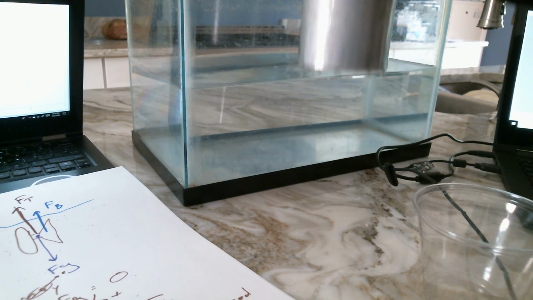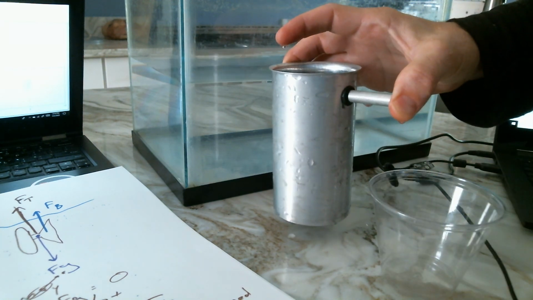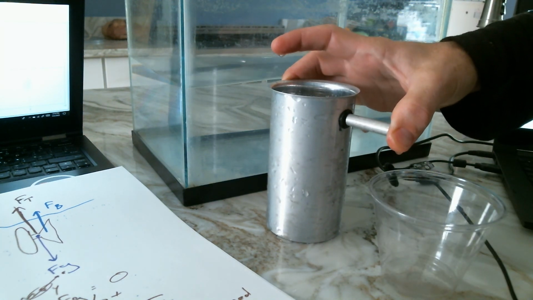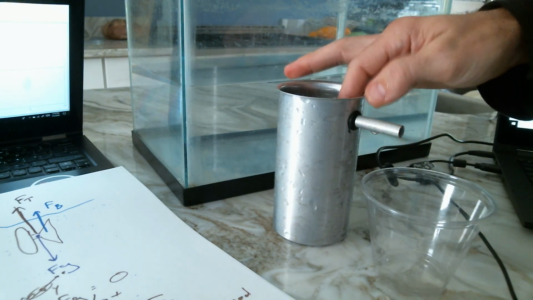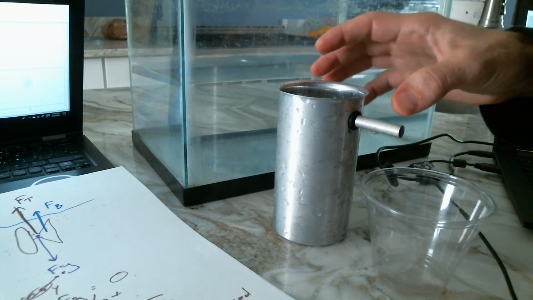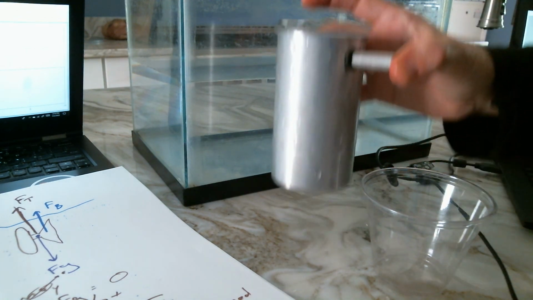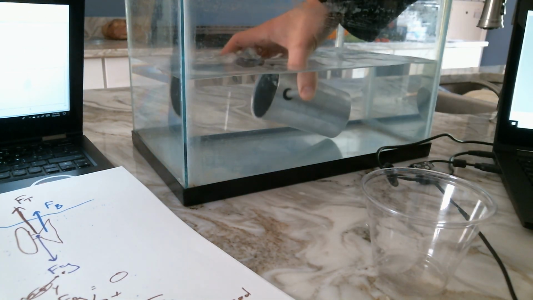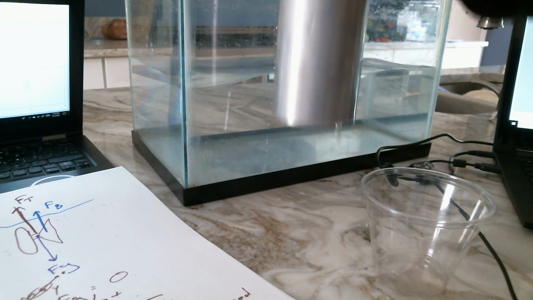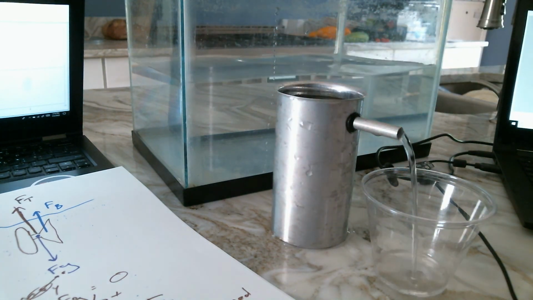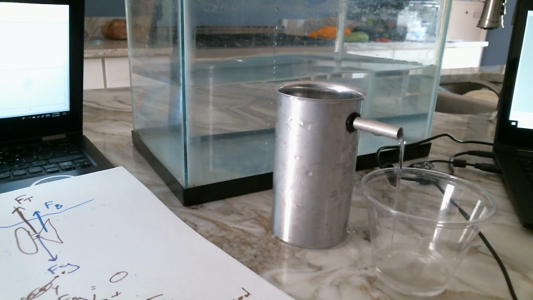Okay? So now what I'm going to do is basically let that water drain until, is it, nope, it's not quite full enough yet, sorry. Let me let the water drain until it gets rid of all the water that is above the spout.